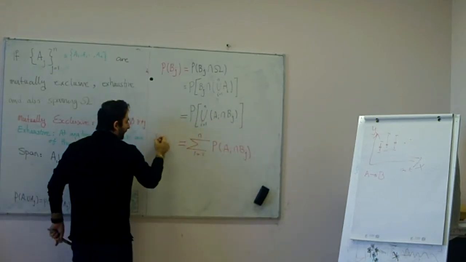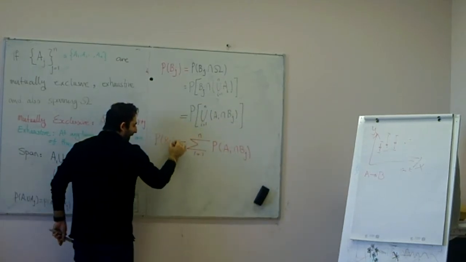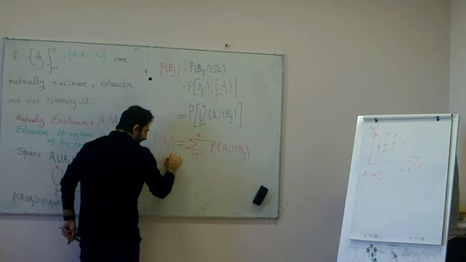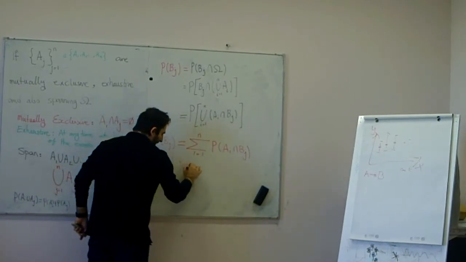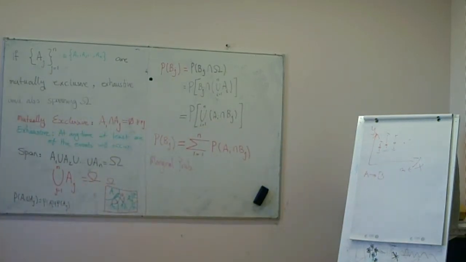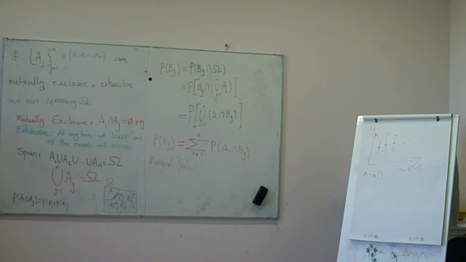And P(B_j) is known as marginal probability. We will solve examples regarding this one because marginal probability is very useful when we are talking about joint probability.